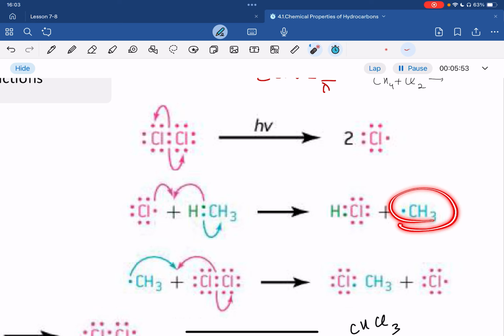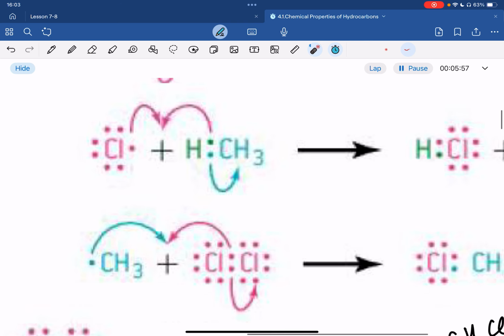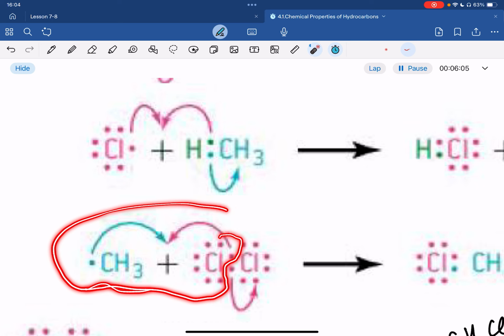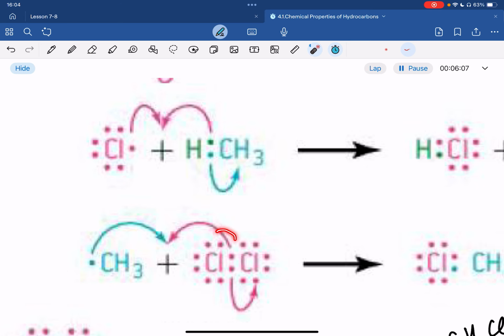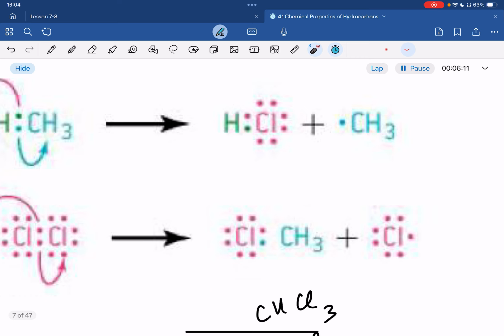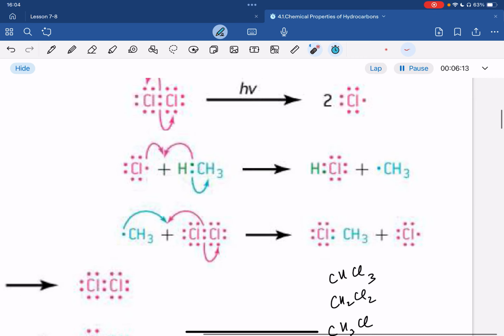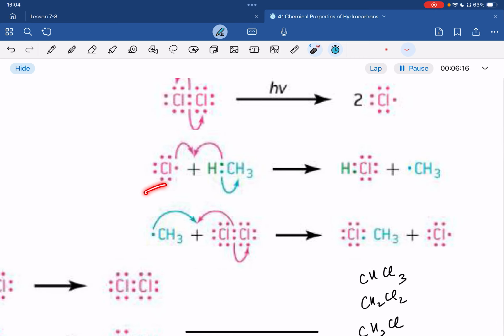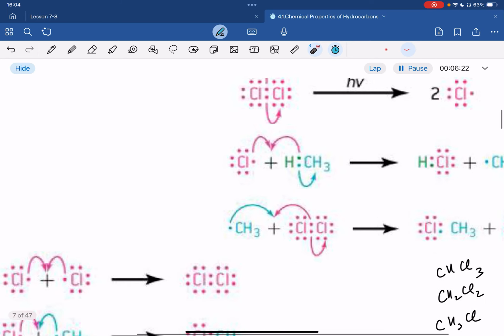And this radical is going to attack the chlorines. Once it attacks the chlorine, this is propagation step number 2. Again, it takes one chlorine with one additional electron, and we are getting CH3Cl and a chlorine radical. In both propagation steps, we had one radical on the left and one radical on the right.